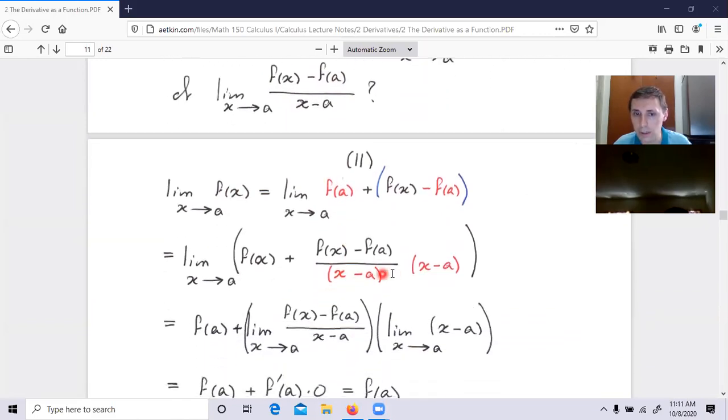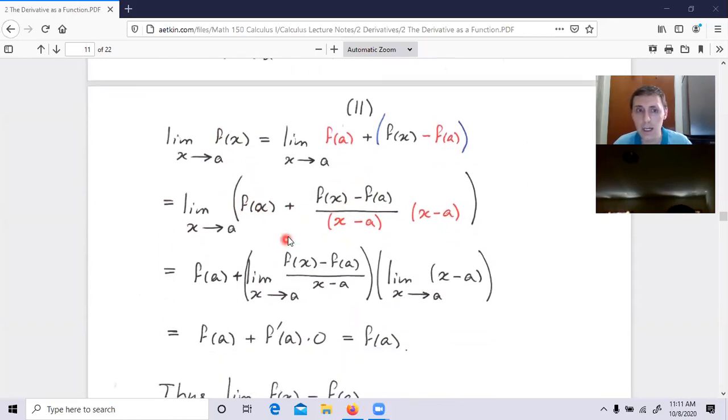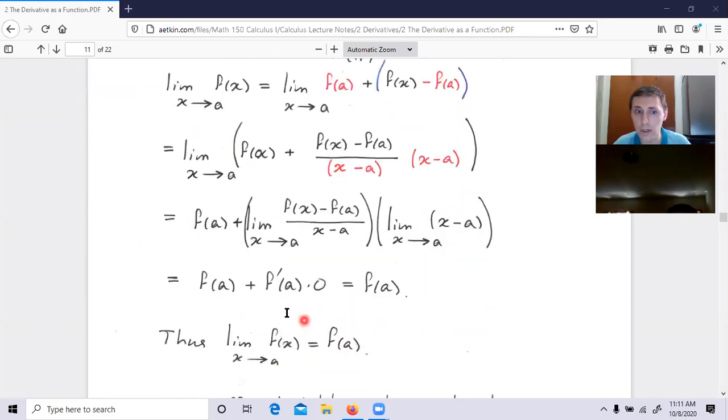Then all I need to do is multiply and divide this part by x minus a. And I have this expression. So the limit of f of x is just the same as this limit here. Now when I take the limit, this is just a constant, it stays. The limit of this part is the derivative, and the limit of that part is 0. So I just get f of a.